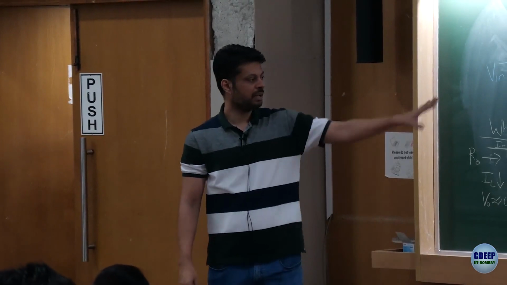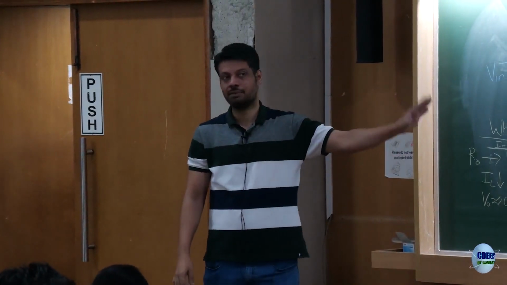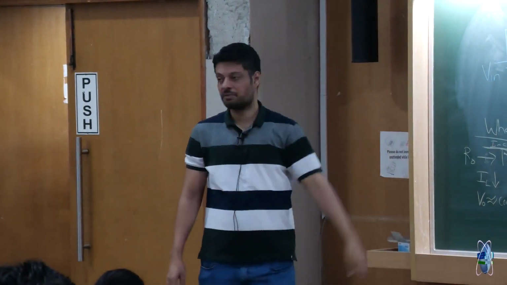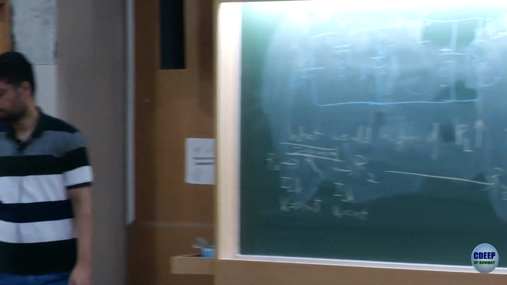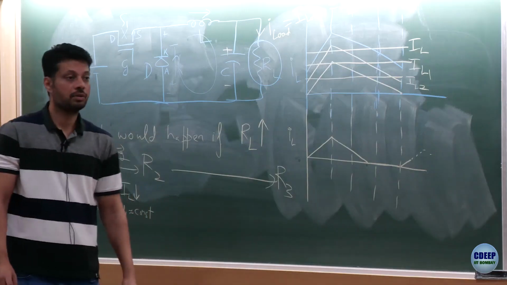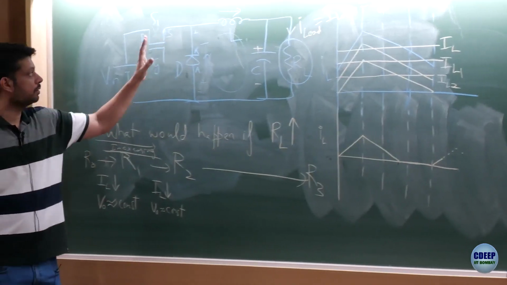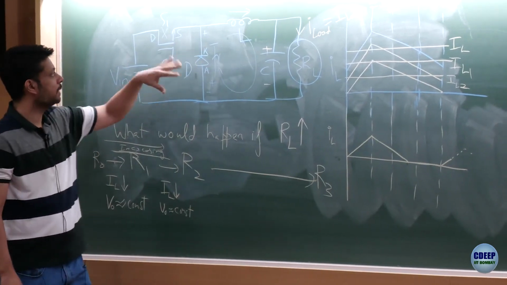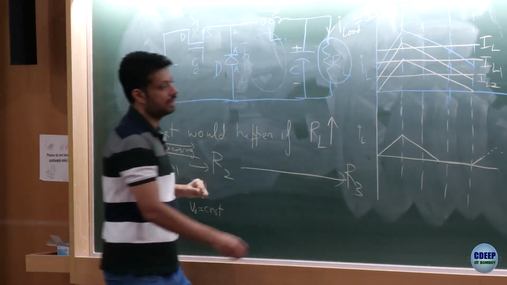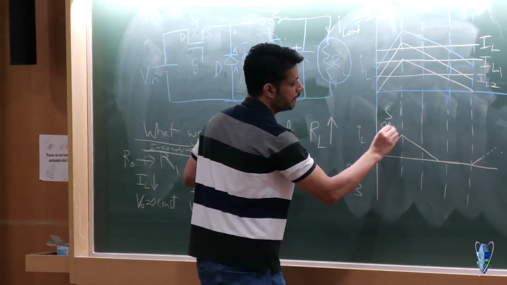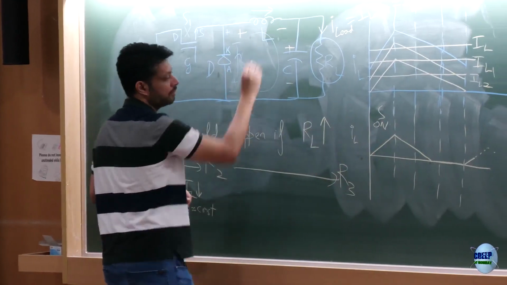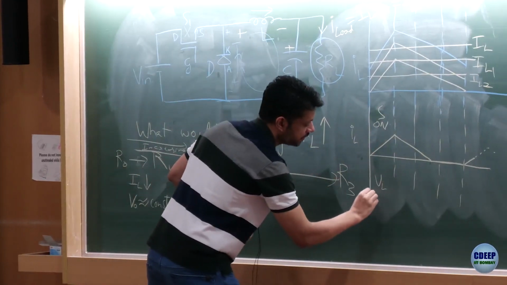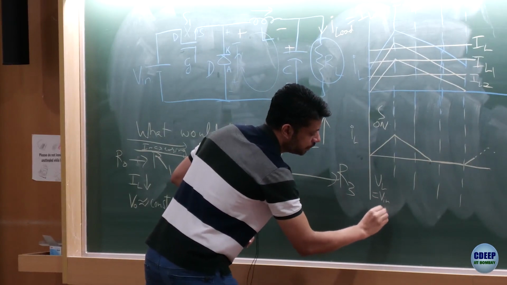Roughly, we will quantify the slope and write the equations, but roughly this is how the waveform would look. Any other doubt? Let me explain this part again. The switch S is on. What is the voltage across the inductor? Vin minus Vo, positive.